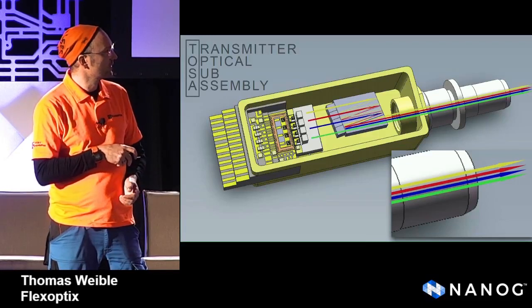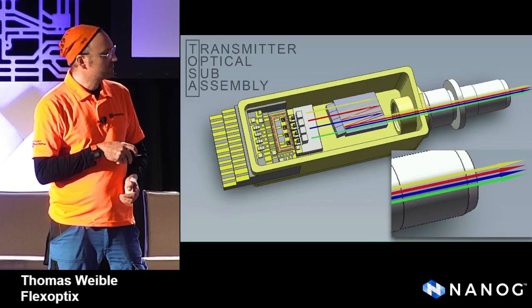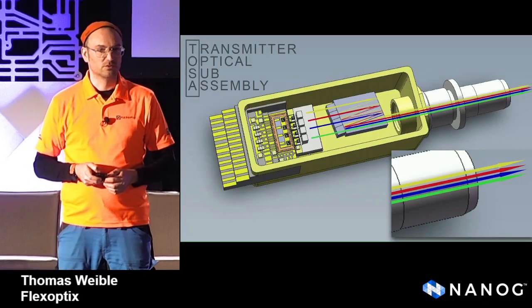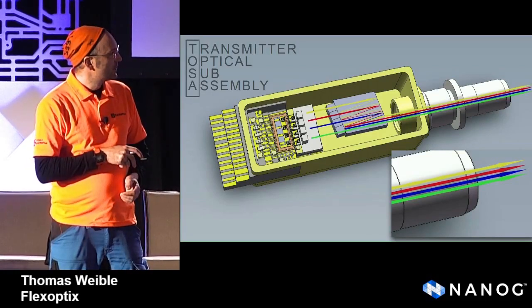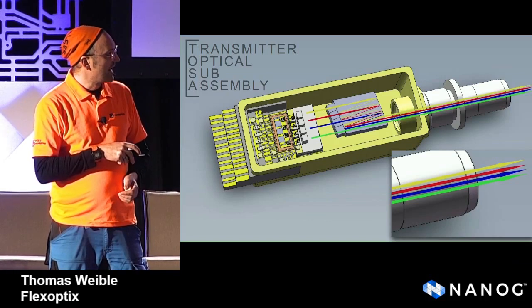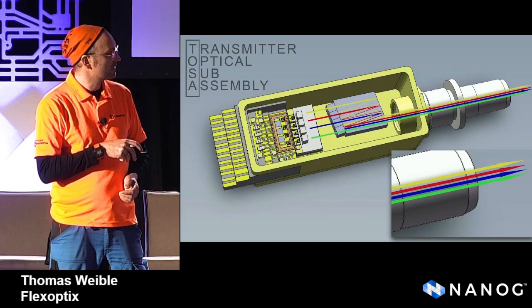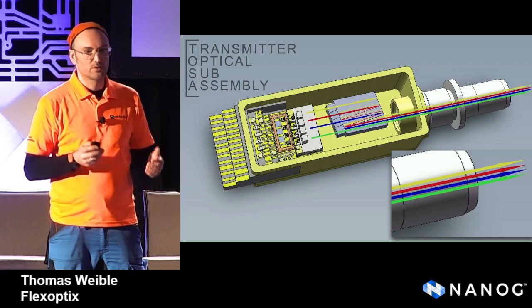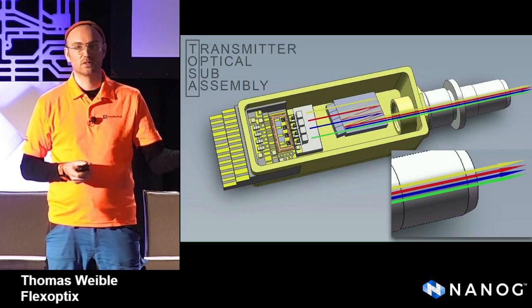How does this mux work? It's a filter block, and it's pretty much physics from high school. It's based on the principle of a mirror, and this is an angled mirror, so the light is inserted into that filter block, and this surface there is dotted. It's dotted glass, and it also has a little bit of an angle. So the light is reflected, pretty much like when you take a ball and throw it against the wall, it's going to bounce back.